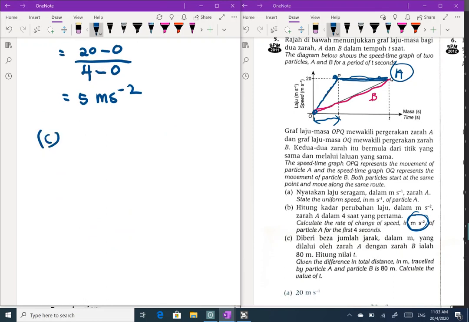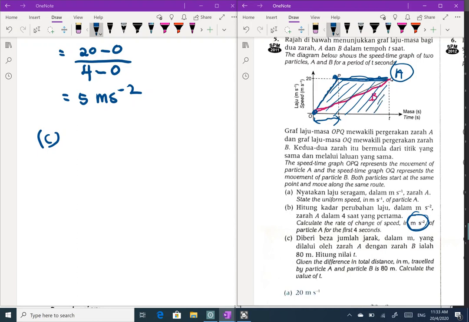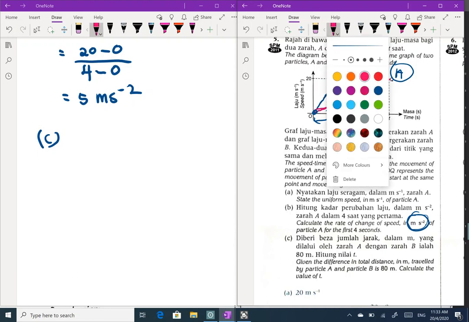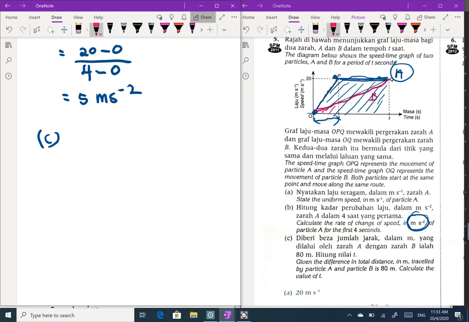Given the difference in total distance in meter traveled by particle A and particle B is 80 meter, difference 两个的路线的相差是80. So the area for the A minus the area of the B, because the difference is minus, of the B is equal to 80.